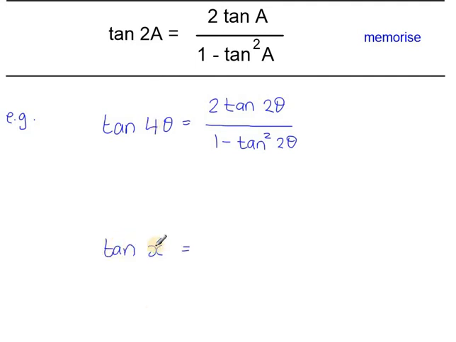So tan x will be 2 tan, okay, the x represents 2A. So A will be half of this, half x over 1 minus tan squared half x. Again, if you take angle A here and you double it, you get 2A. You take angle half x, you double it, you get x. You take 2 theta, you double it, you get 4 theta.